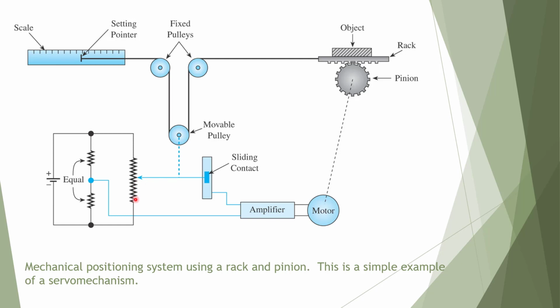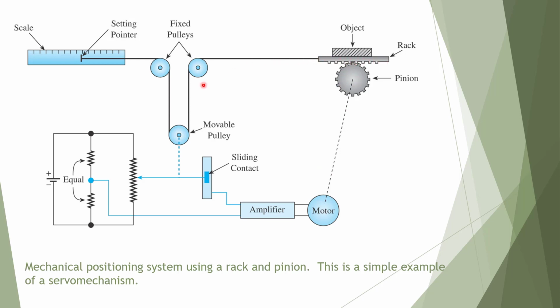If this voltage is lower than this voltage, it'll run the other direction. So depending on which way this moves determines which way the motor runs. If I'm pulling it this way and this is going up, that means that this voltage here is higher than this voltage. In this case, that motor's going to run this way to make that go that way.